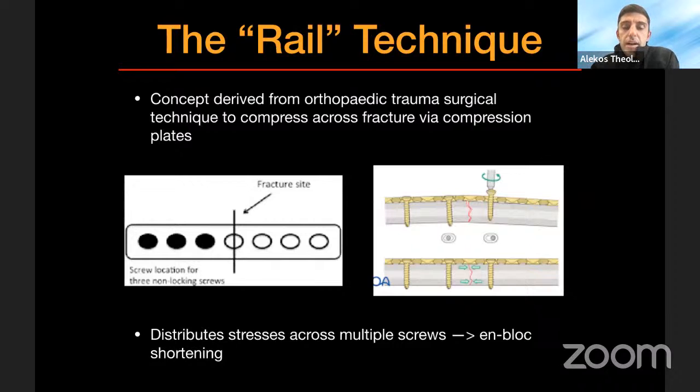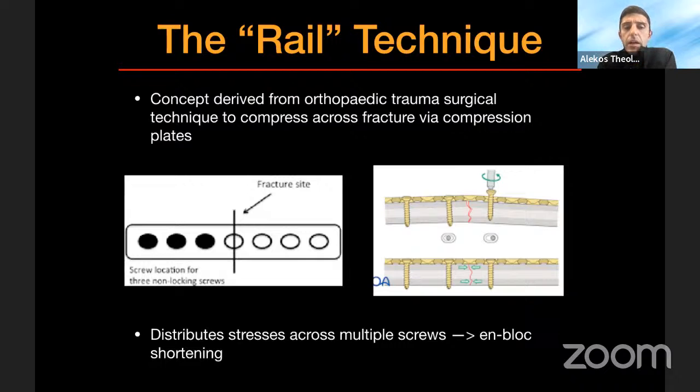This is a concept that really stems from the orthopedic trauma world, where we compress across fractures to help them heal. Just to give you the nuts and bolts, what this involves is fixing the fracture. You can see the screws in the middle image on the left in black.